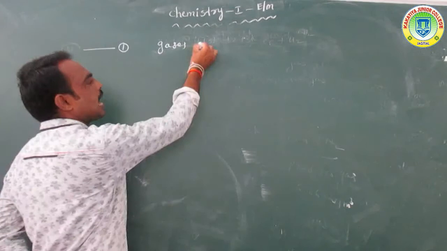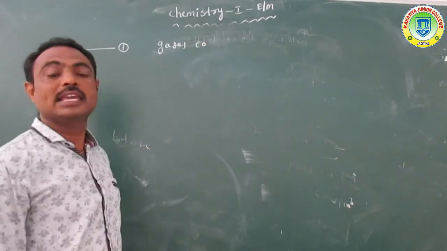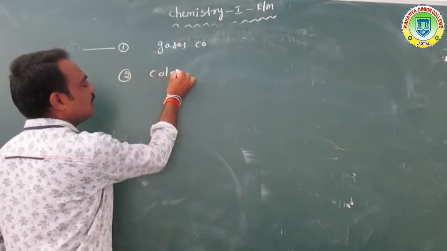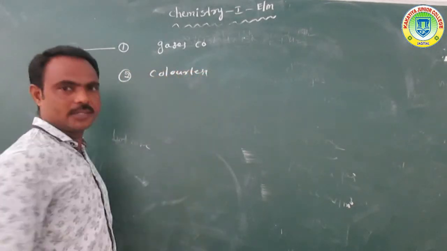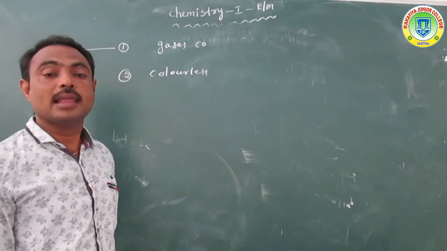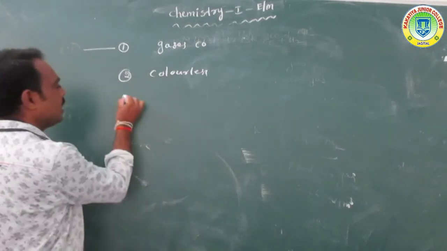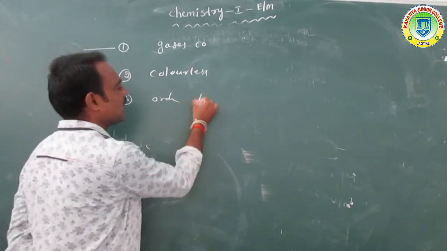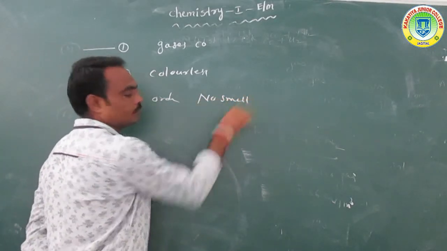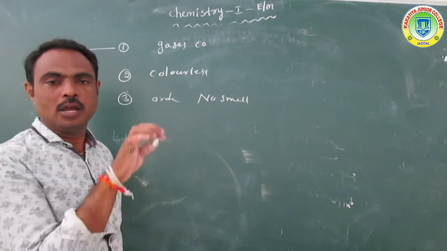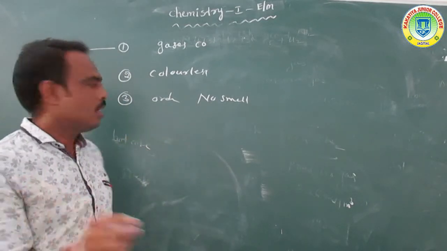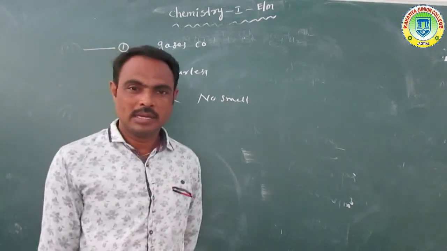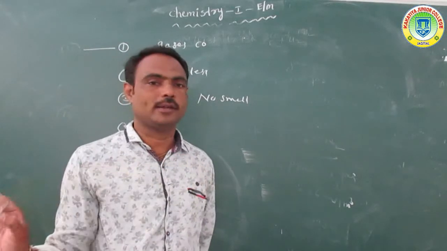Already we know that carbon monoxide is a gaseous compound. Second point, it is colorless. Next, third one, odorless, meaning it has no smell. And it is insoluble in water, it does not dissolve in water.